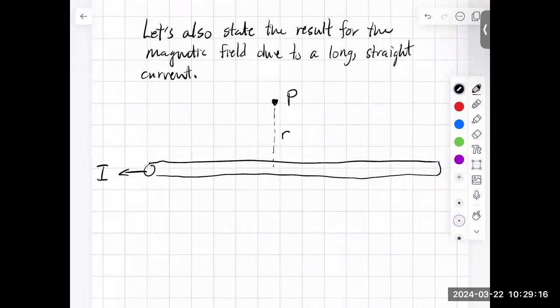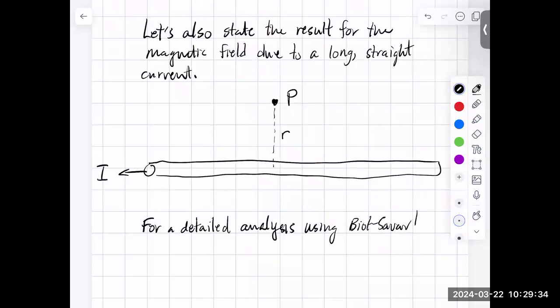But I will tell you that for a detailed analysis using the Biot-Savart law, if you're interested, you can see OpenStax, University Physics, Volume 2, Section 12.2.